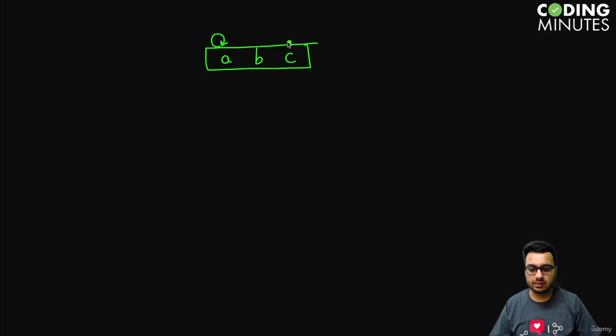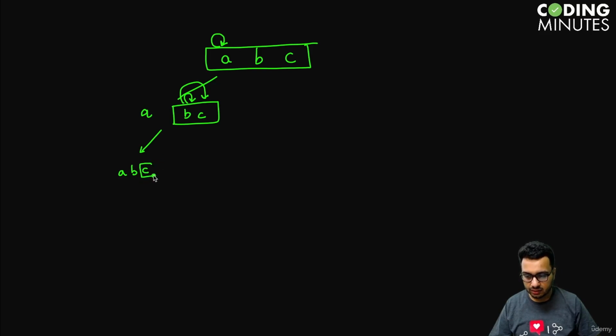I'm just going to make a recursive call on the smaller part. I come into this branch, I have BC here, and I again start doing work at B. I put B at the same place, and in the next call I will replace B with C.